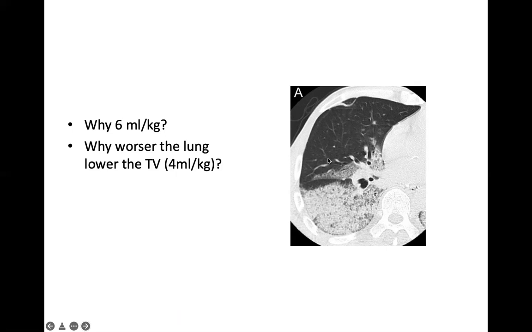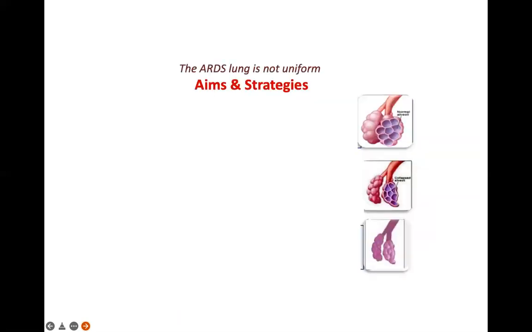So if you are using a high tidal volume, you are trying to generate the tidal volume from the normal part of the lung. You're making the small amount of normal lung that is left behind work too much and get hyperinflated. So that is the exact reason. In order to protect this normal lung, you want to do small tidal volume ventilation.